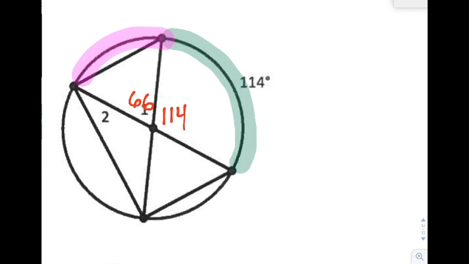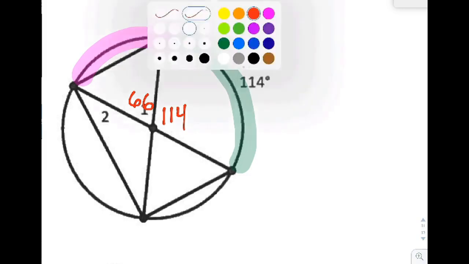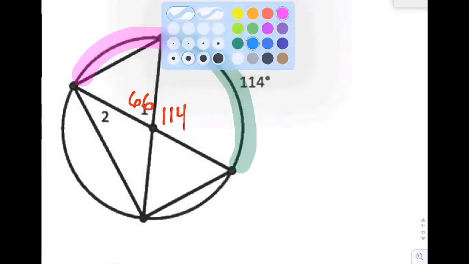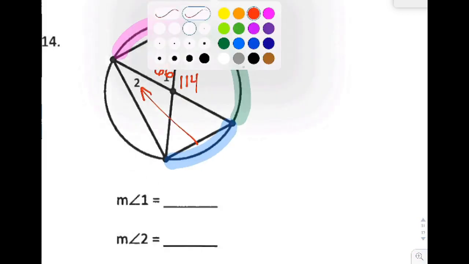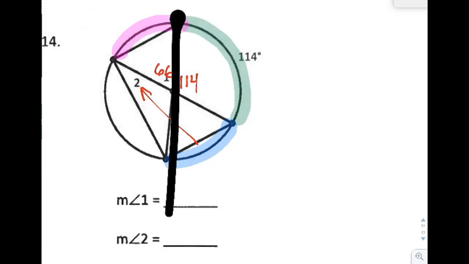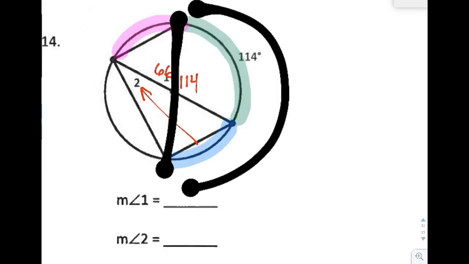114 is the arc, so the central angle is 114, which would be supplementary next to it with 66. Angle 2 comes from this arc here, and it would be half of that arc when we figure out what that blue arc is. You notice we have a diameter going right down the middle here, which means all of that is 180.